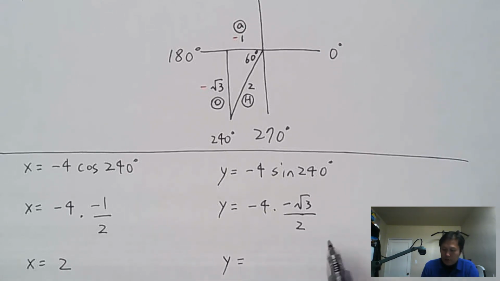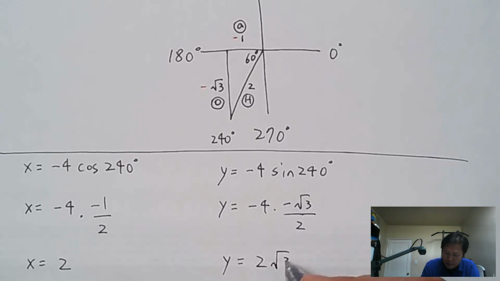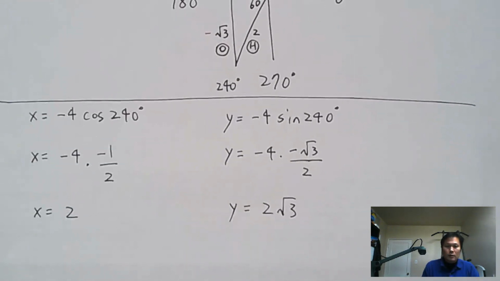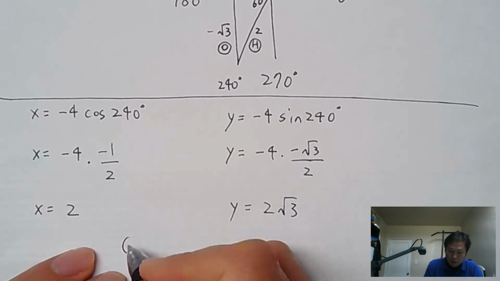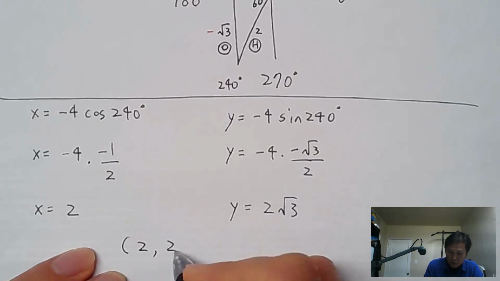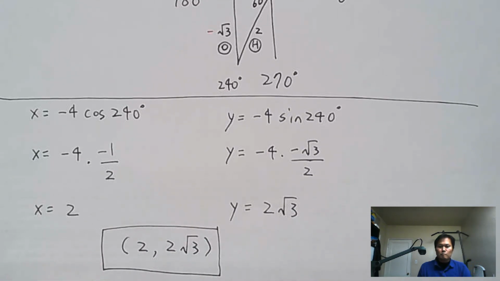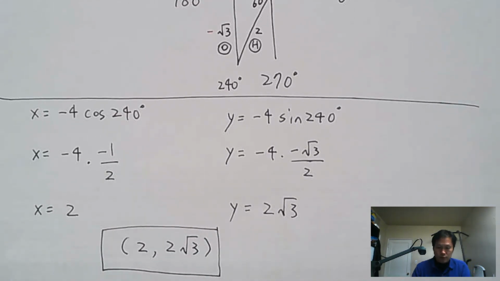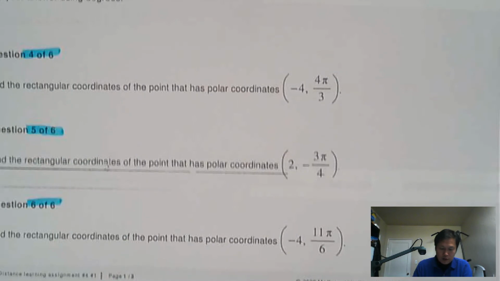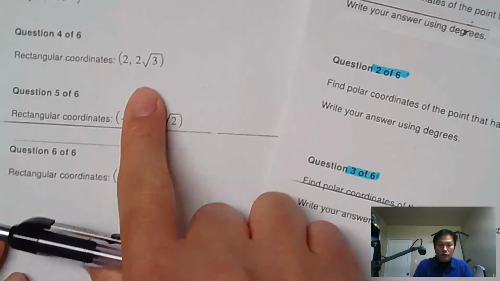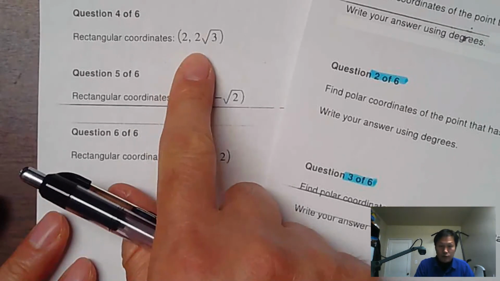So y value is going to be what? Minus minus becomes a positive, 2 cancels out, 2 square root 3. So we got the coordinate: x value is 2, y value is 2 square root 3, 2 comma 2 square root 3.